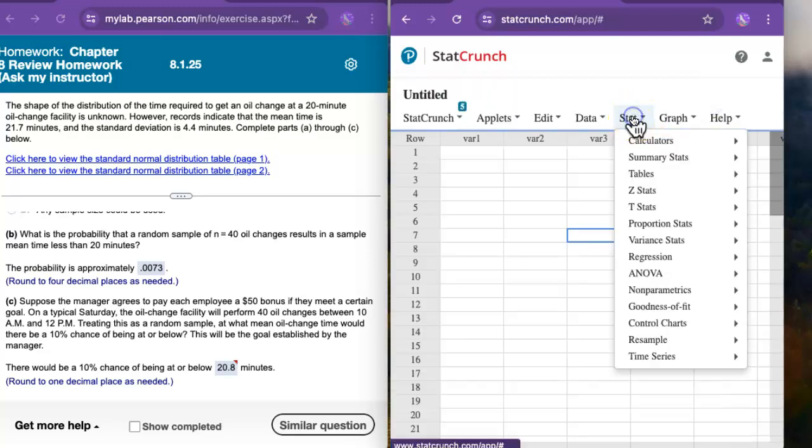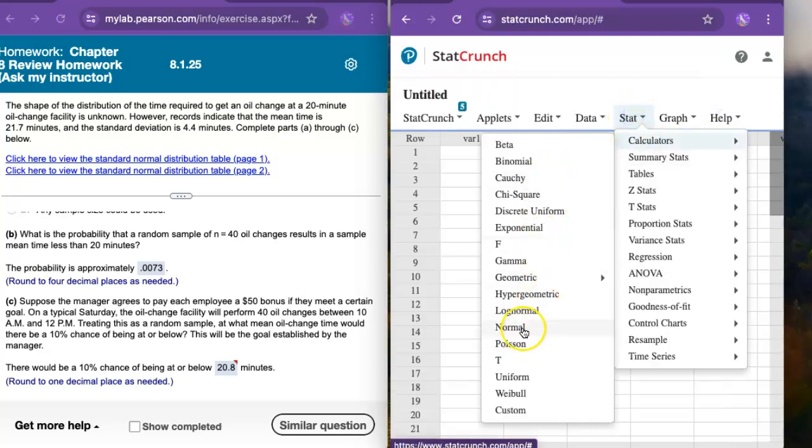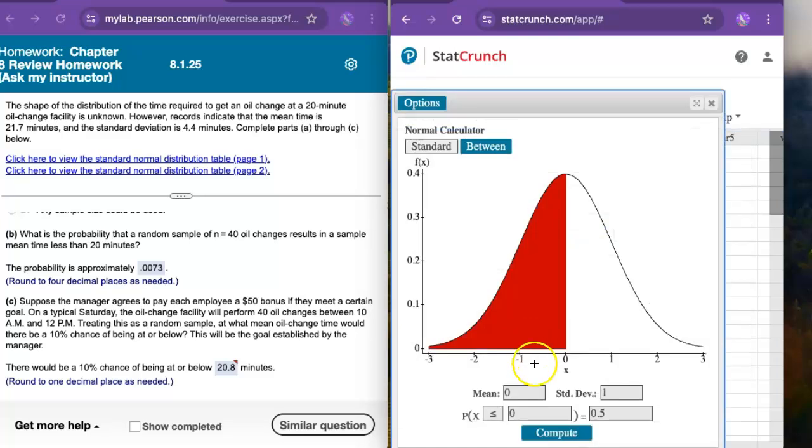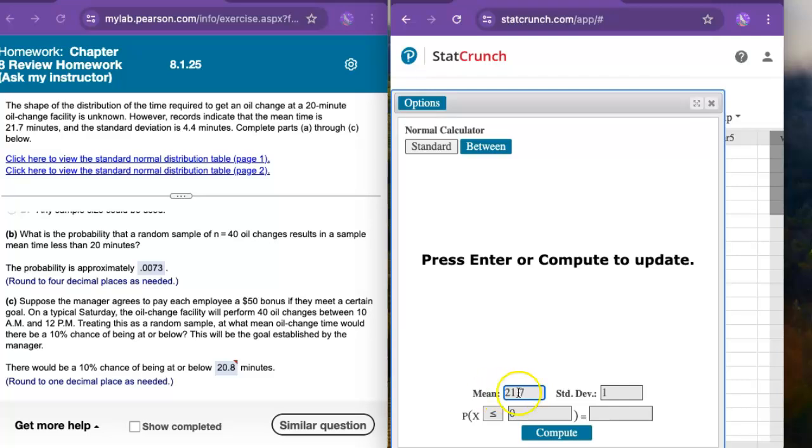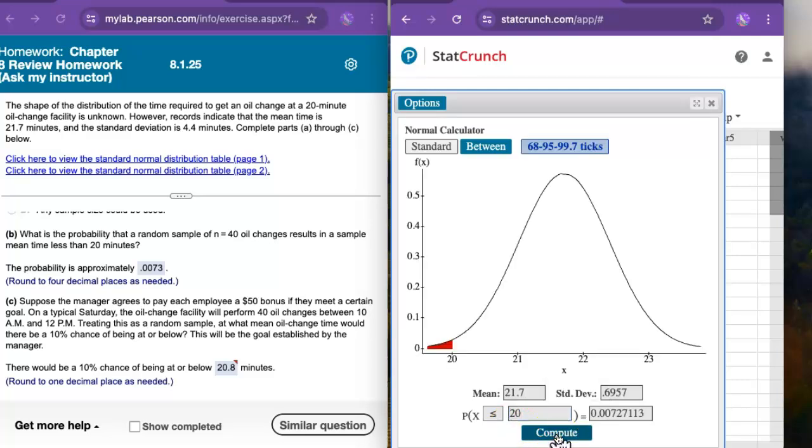And in StatCrunch, I'm using the calculator for normal, with the mean being 21.7 and the standard deviation being 0.6957. And we're looking for the probability that x is less than 20. So we compute, and that ends up being this answer that you see here, 0.0073.